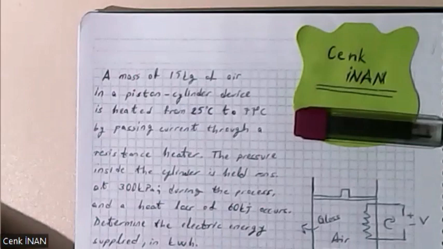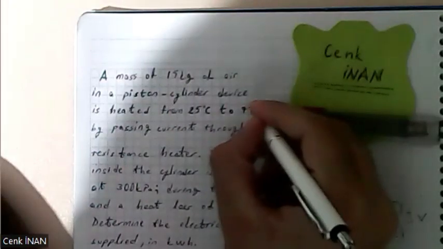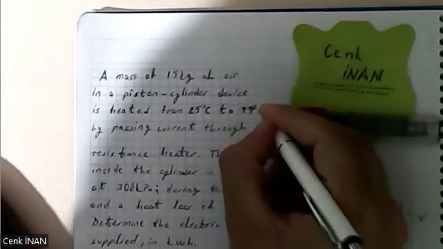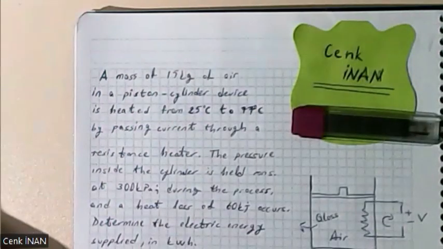A mass of 15 kilograms of air in a piston cylinder device is heated from 25 degrees to 77 degrees by passing current through a resistance heater.